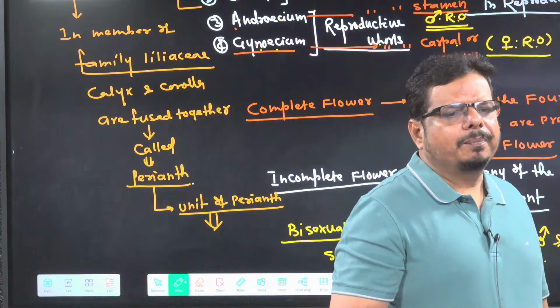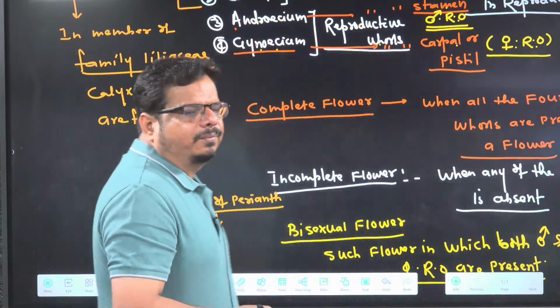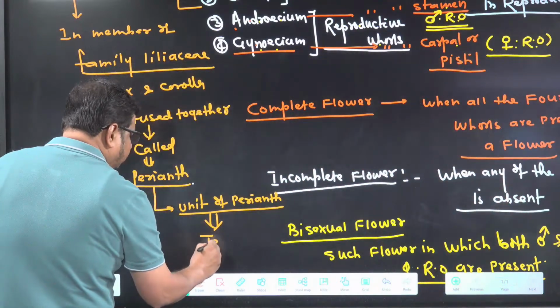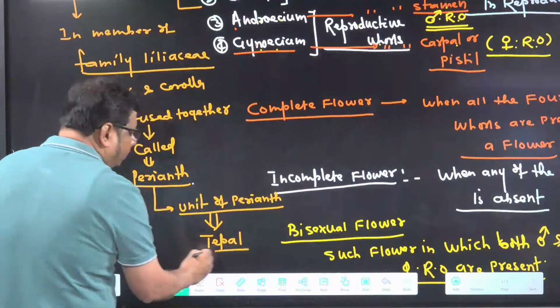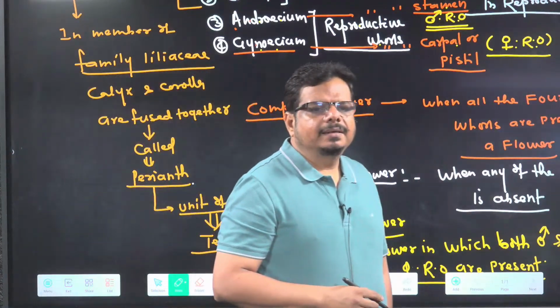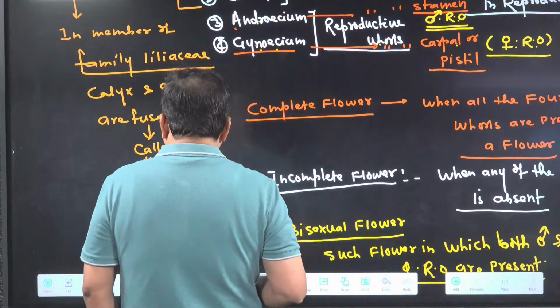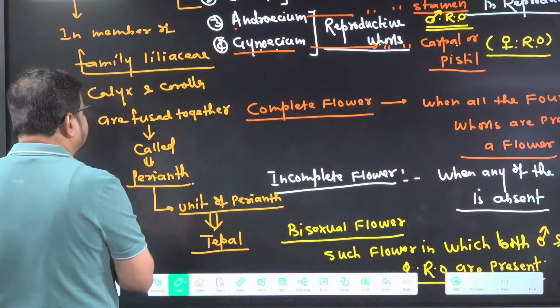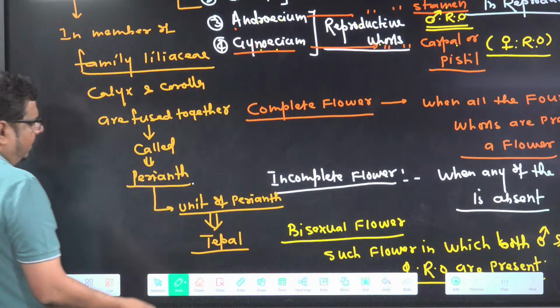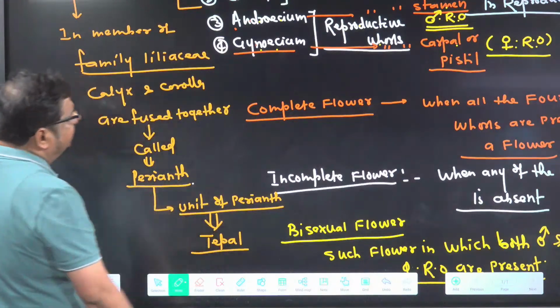What is the unit of perianth? Tepal. Very good. So fused calyx and corolla is called perianth, and its single leaf is called tepal.